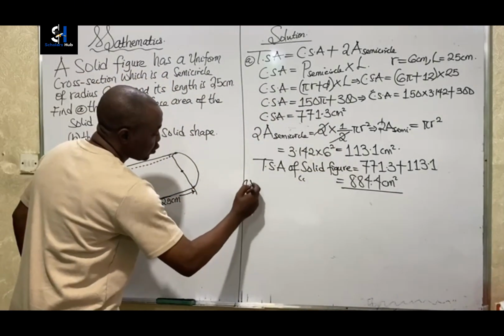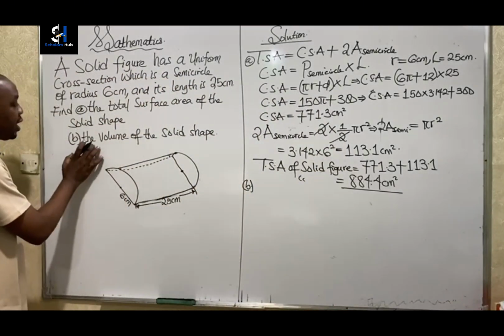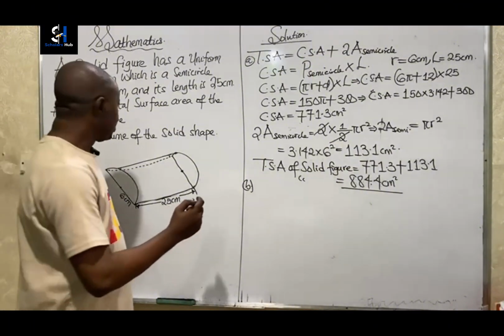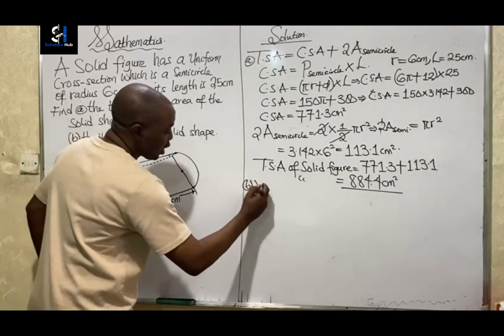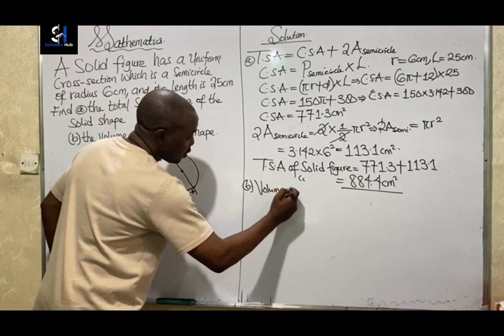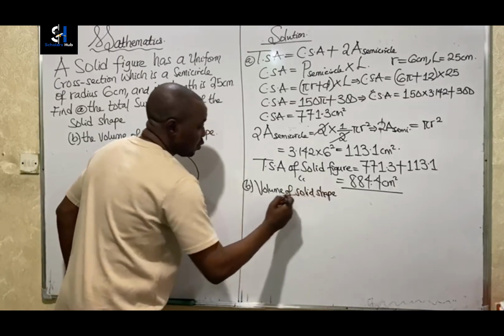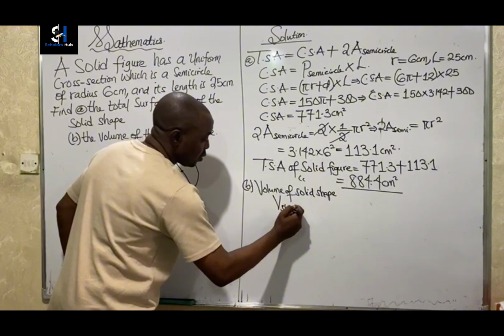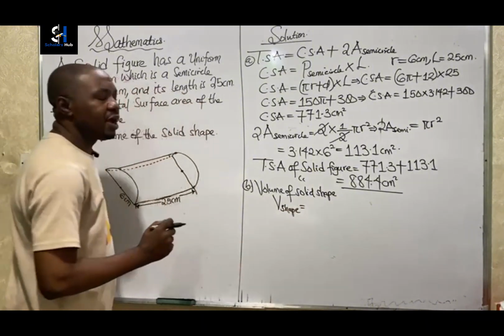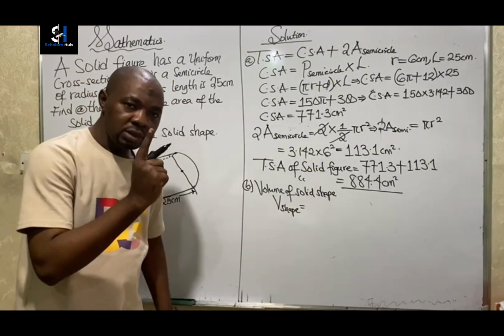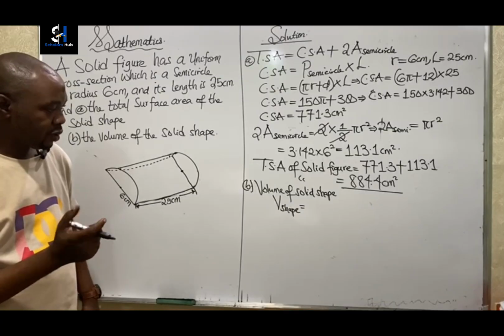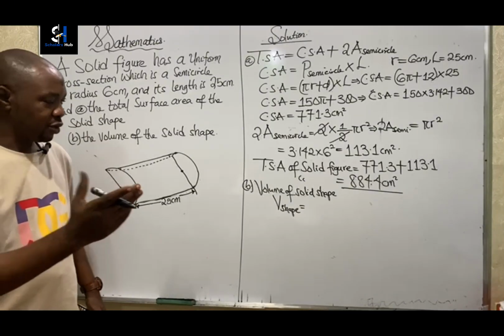Now the second question is to find the volume of the solid shape. The volume of the solid shape is the area of one semicircular cross section multiplied by the length of the cross section.